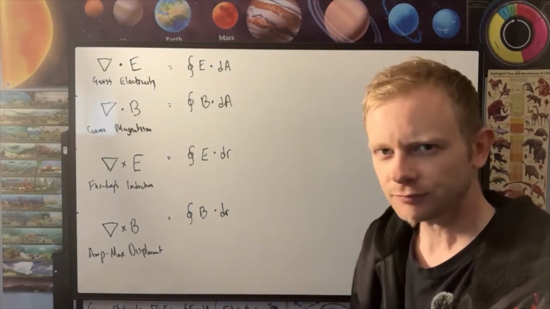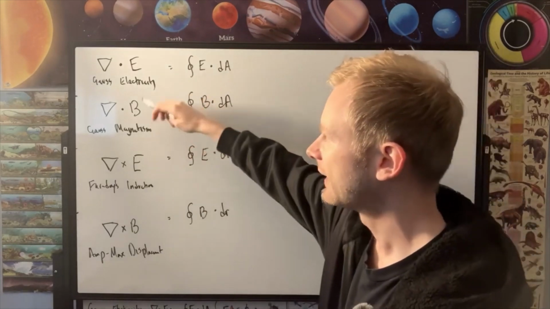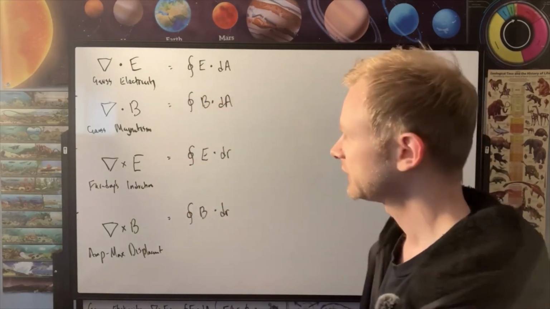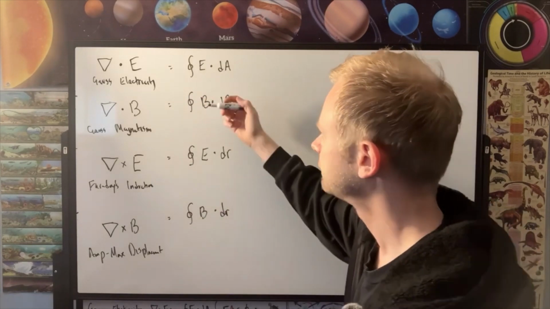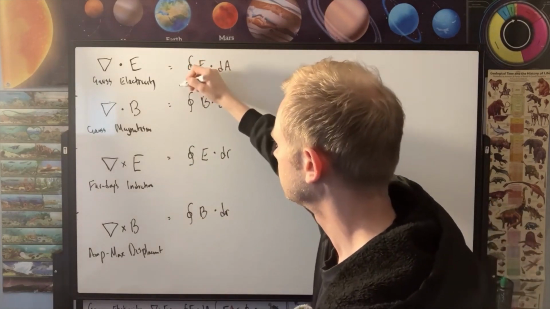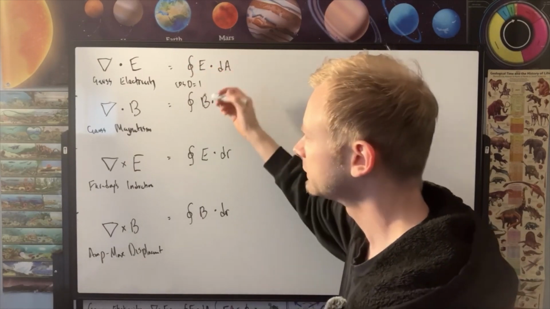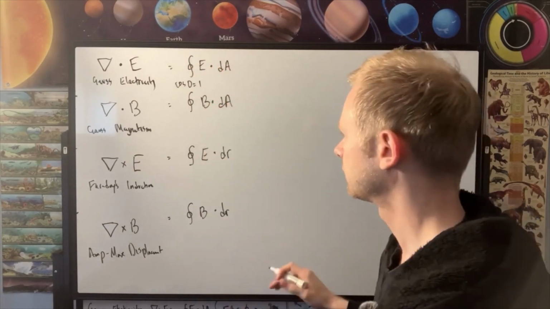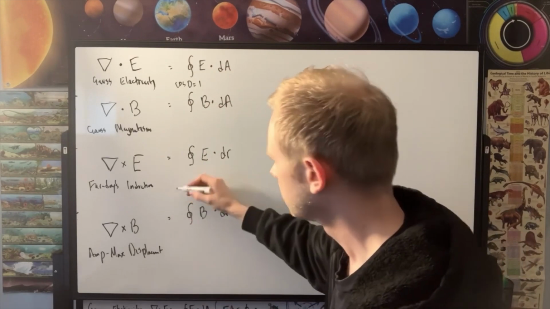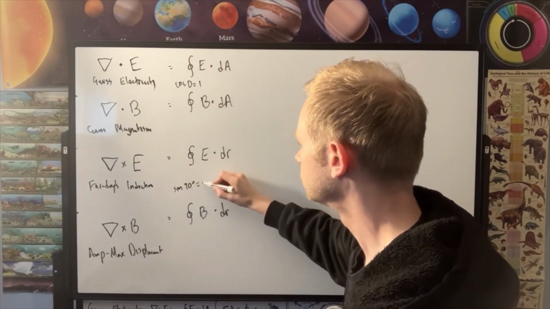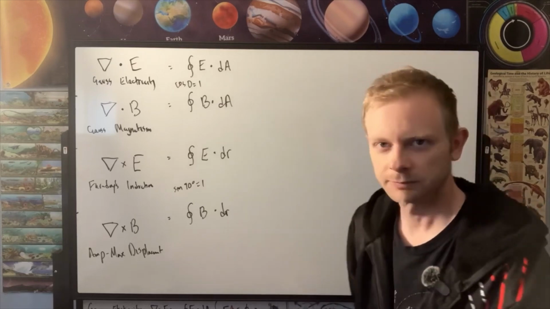Well, we should probably remember that the dot products and the cross products involve sines and cosines. So in this case, this would be when cosine of 0 is equal to 1. So that'll make things nice over here. And in this case, we're going to be looking at when sine of 90 degrees equals 1. So things will be nice there as well.